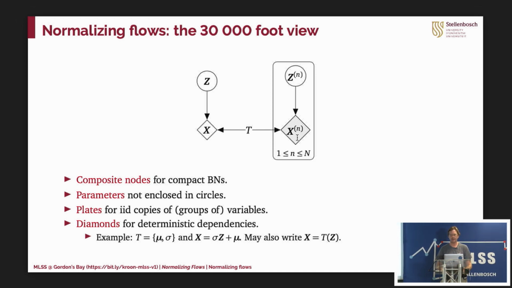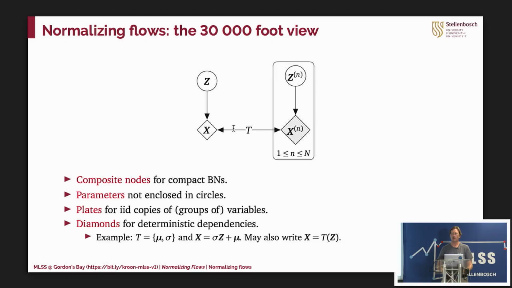So Xn is a deterministic function of Zn, and that function is represented by t. So this says that I can work out Xn if I'm given Zn and t. If you think of Zn and t as parents, then that allows me to get Xn. And I can do that for each observation. That is the data that I have.